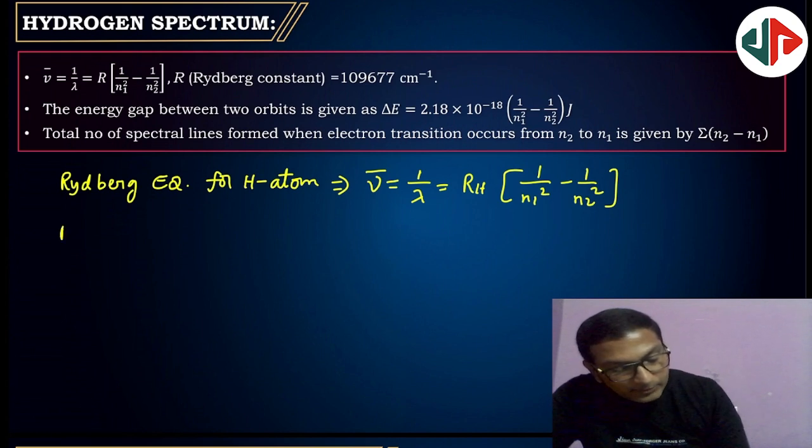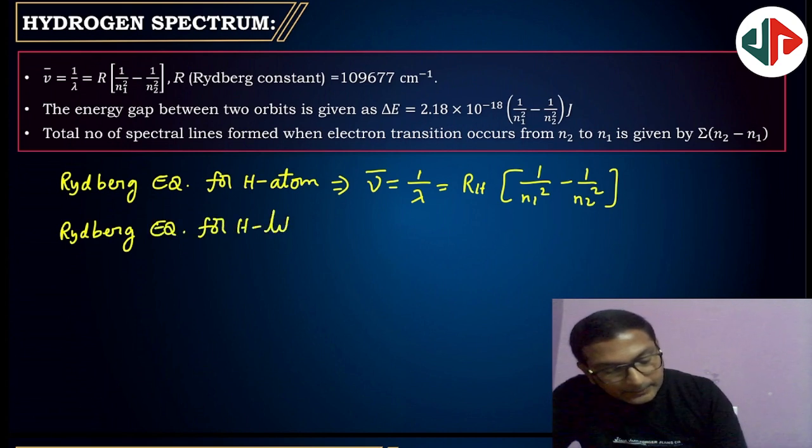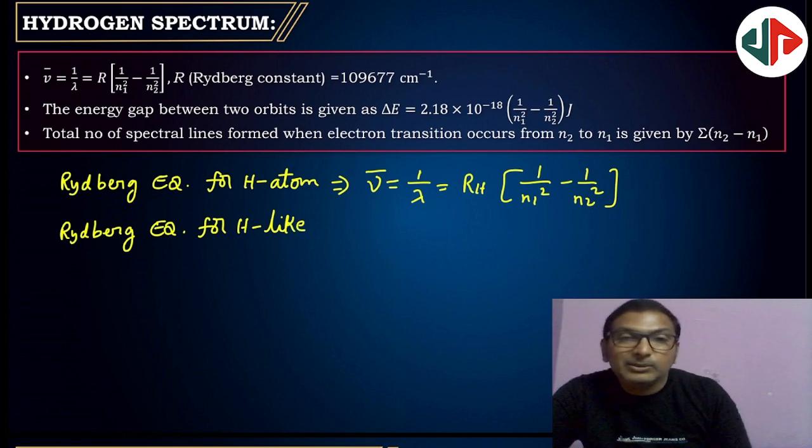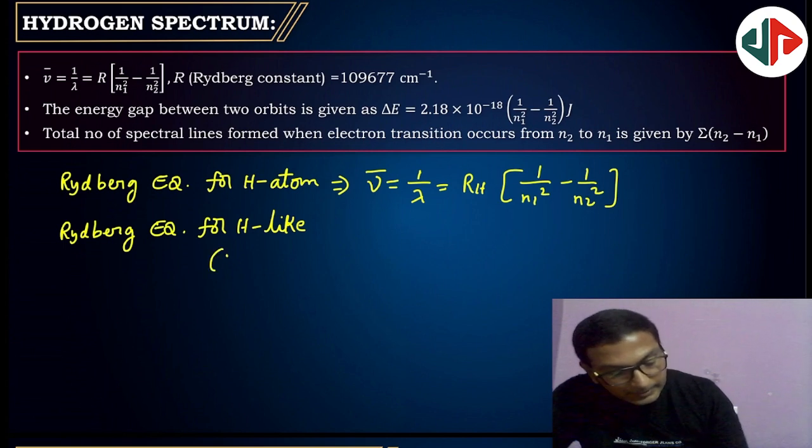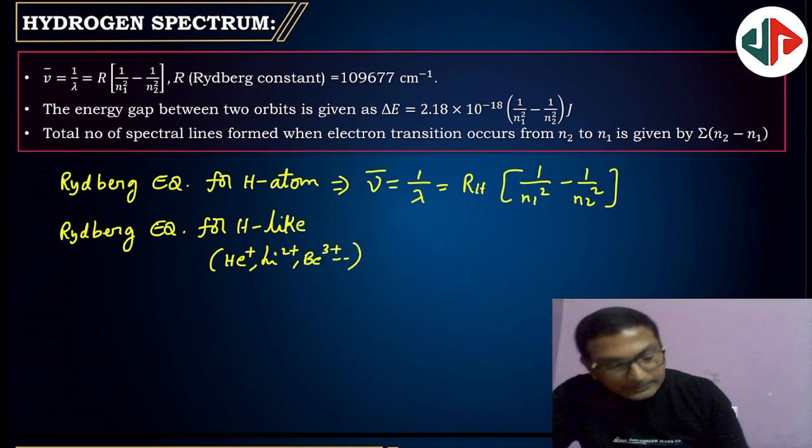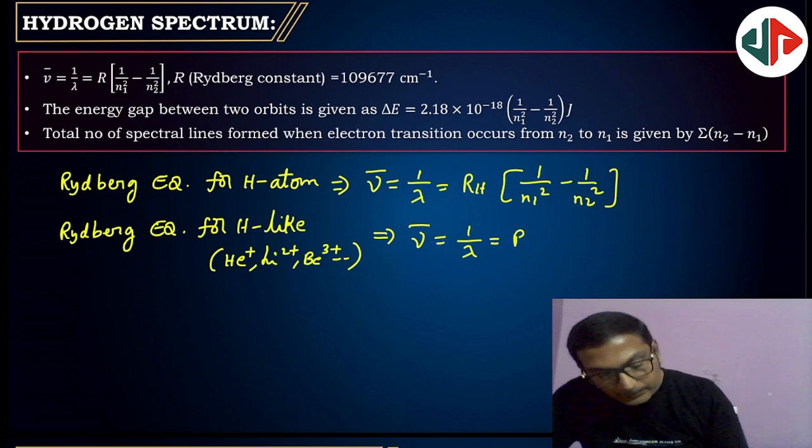Similarly, Rydberg equation for hydrogen-like species. You know, hydrogen-like species means a species containing single electron. That means for He plus, Li2 plus, Be3 plus and so on: nu bar equal to 1 by lambda equal to R into 1 by N1 square minus 1 by N2 square.